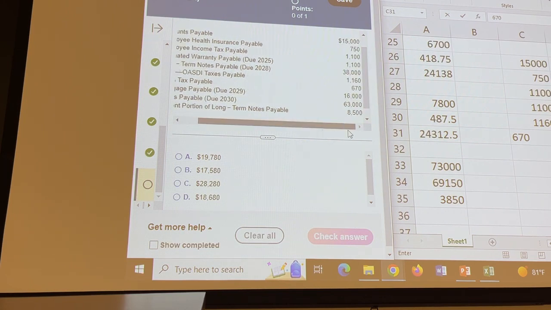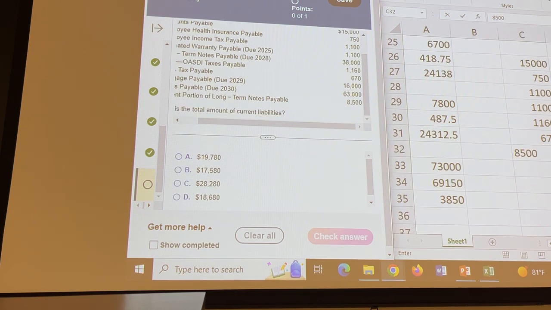Current portion of long-term notes payable, that would be a current liability, so that's 8,500. And that's everything. So if I sum that, I get $28,280 for the current liabilities.